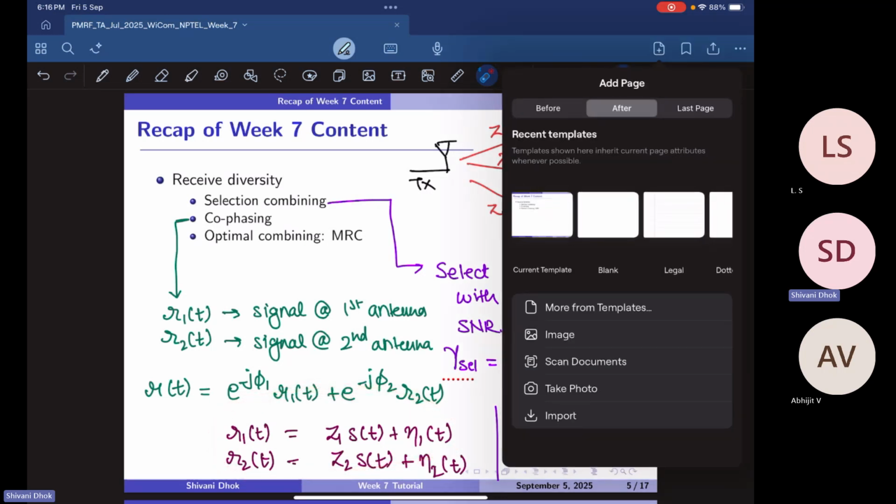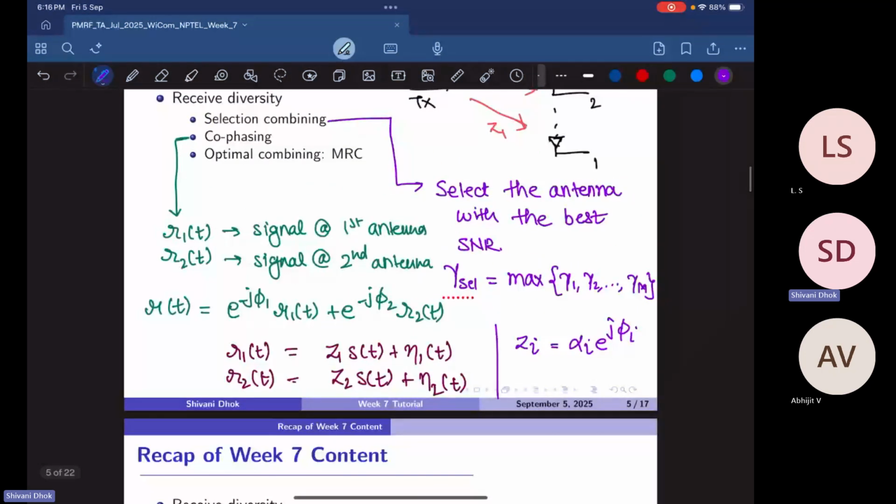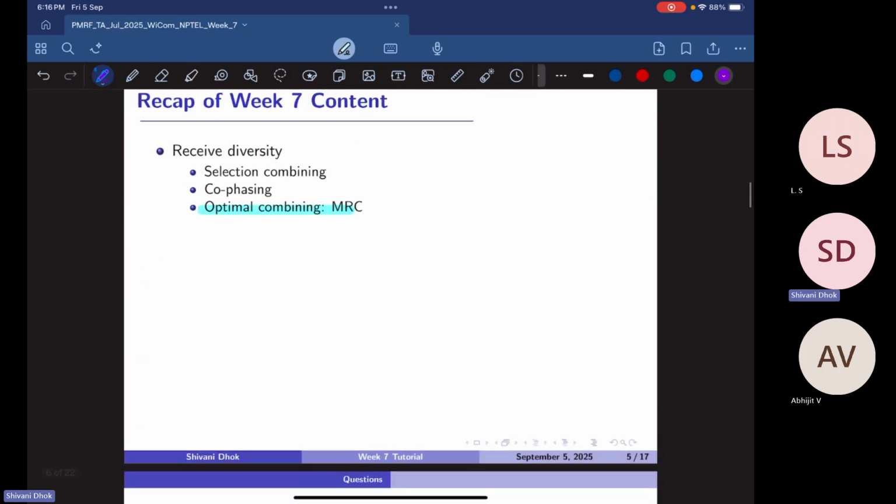And the last one that we looked at was optimal combining. We said that instead of only doing this co-phasing, we know this phase undoing is helping, but will it help if we also play with the magnitude? So for optimal combining, we started by combining the signals received at the antennas with different weights, gi into ri of t, and then we showed that gi equal to zi conjugate upon sigma ni.